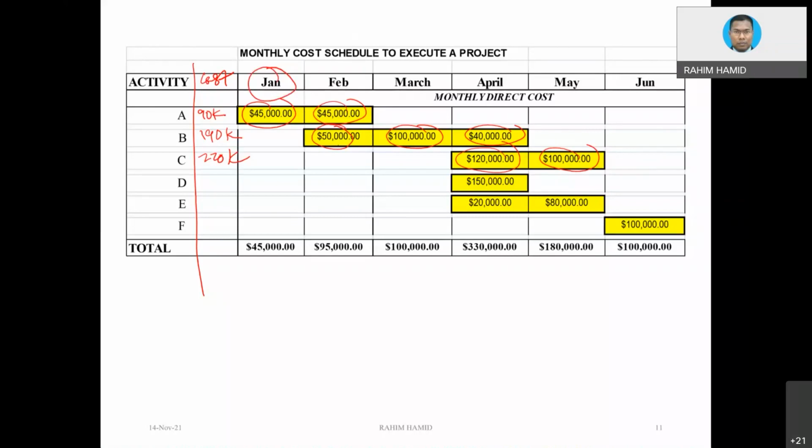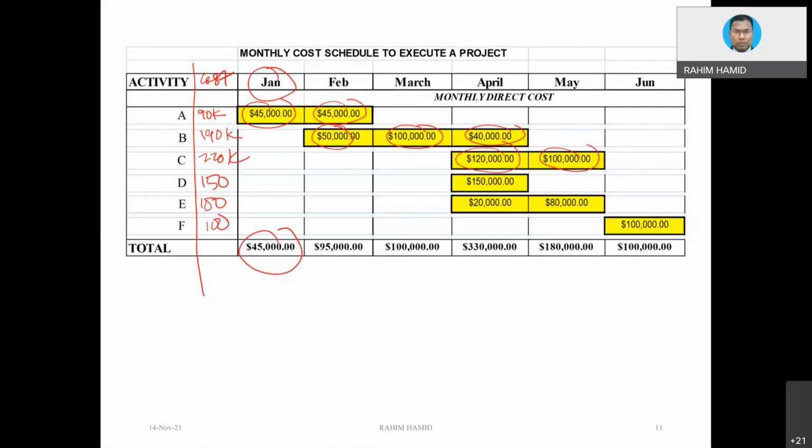So how to get the monthly cost? We already have cost for each item here through the process of, assuming we have already done our estimating. Okay, then how do we get this value? Well, this value is very easy. You go down the column or time scale.